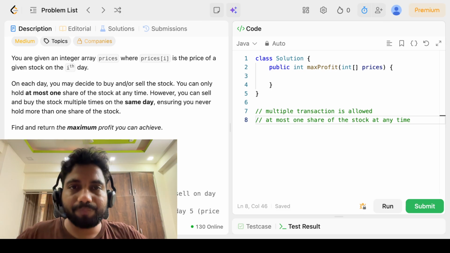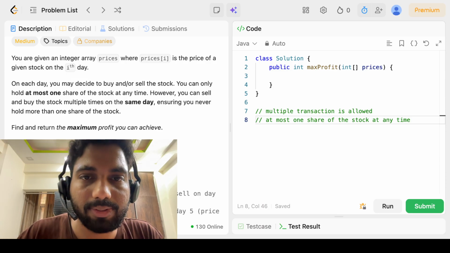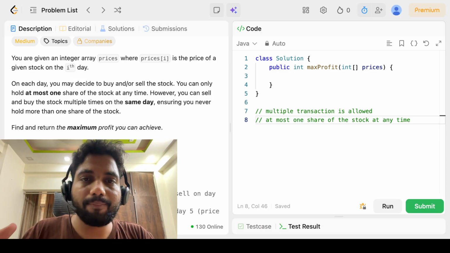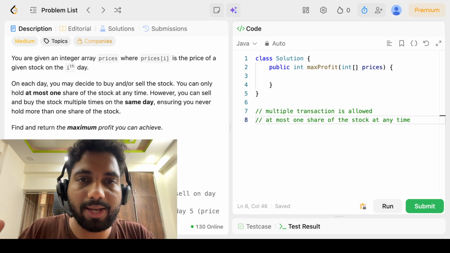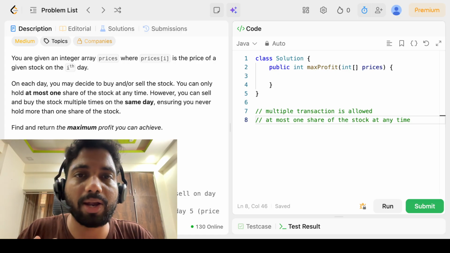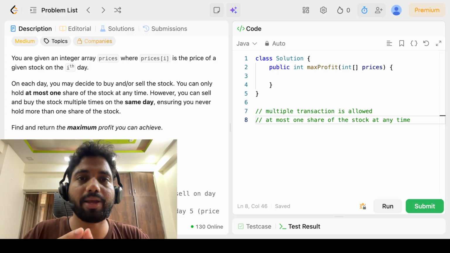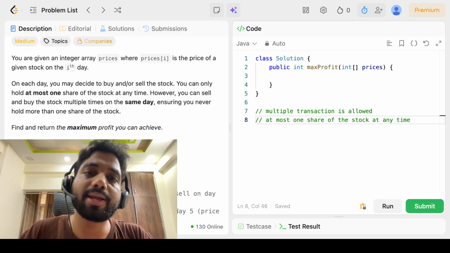So in this problem we have a restriction. We can make as many transactions as we can, but we can hold at most one share of any stock at any time.